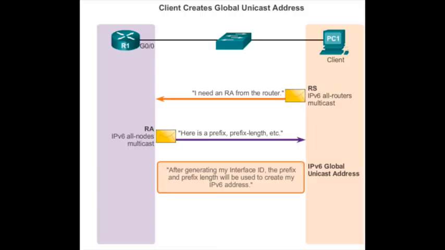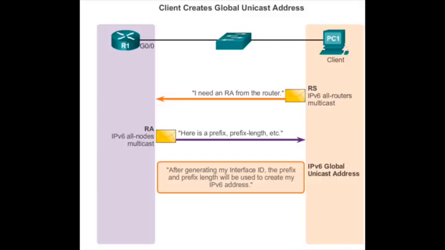Then when PC1 receives the message that contains the prefix and the prefix length for the local network, PC1 will use this information to create its own IPv6 global unicast address. There are only two ways that PC1 can create its own unique ID that is used to create its IP address.